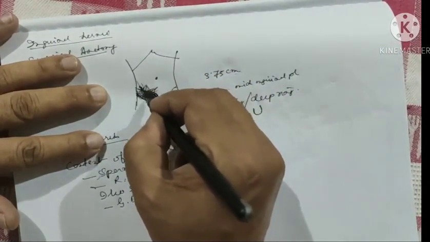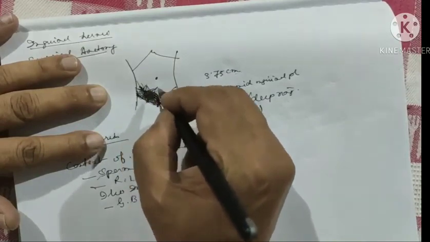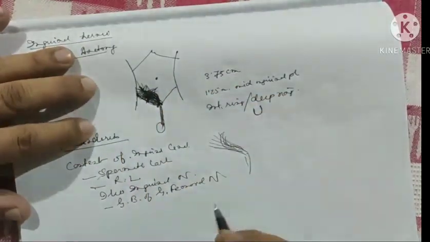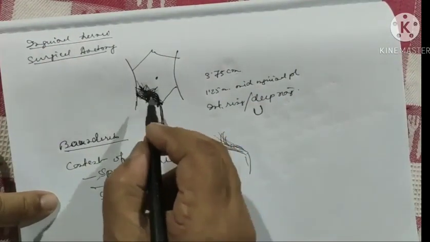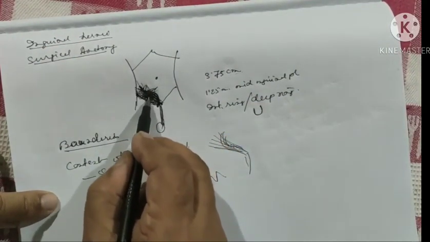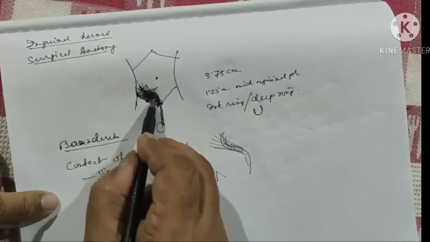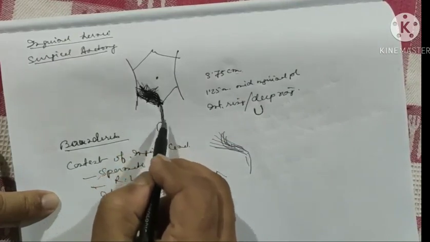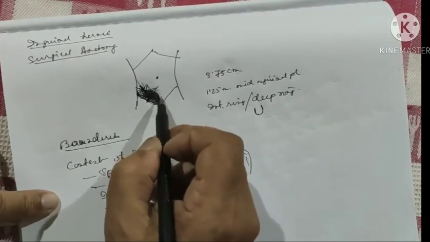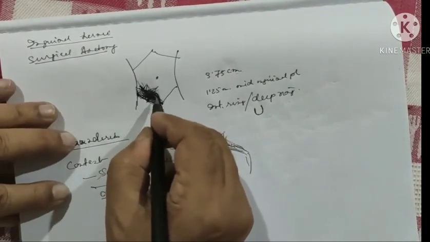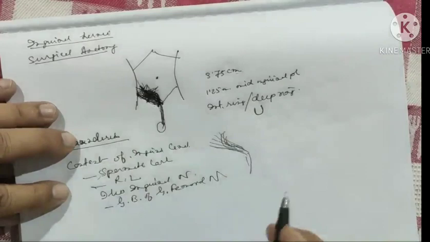That may cause weakness of these muscles and may lead to the formation of a hernia. So during the operative procedure, the spermatic cord will be there, the ilioinguinal nerve and the genital branch of the genitofemoral nerve. While going for the treatment of the hernia, we have to preserve these two nerves.